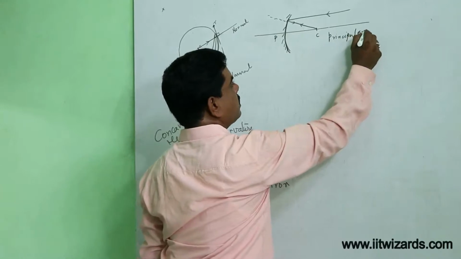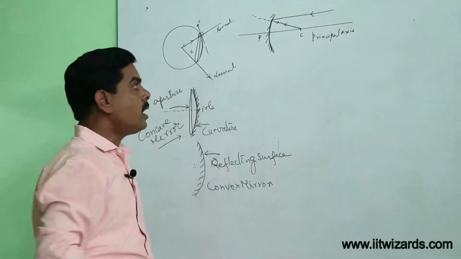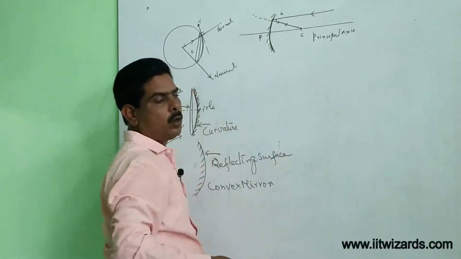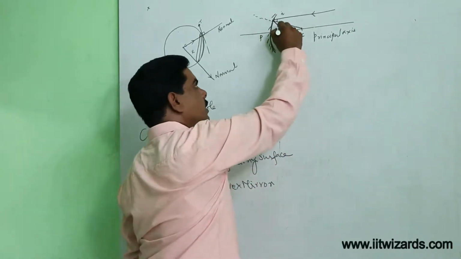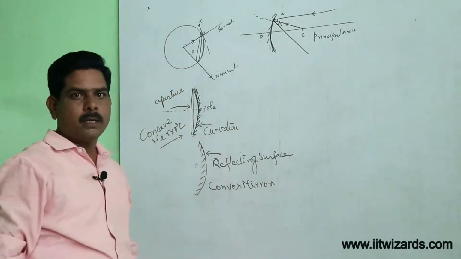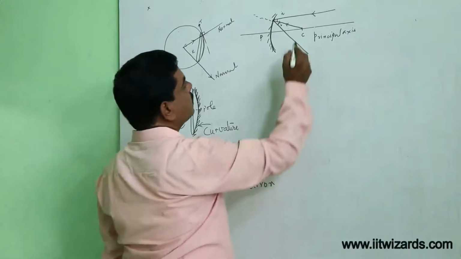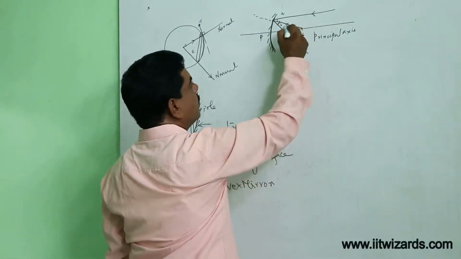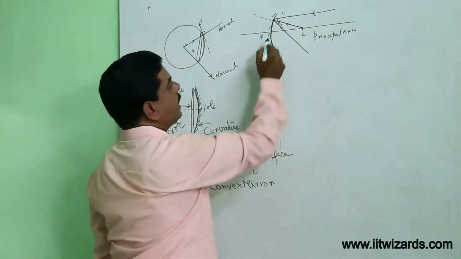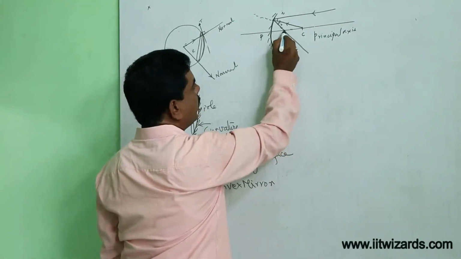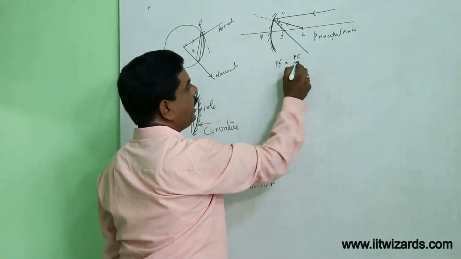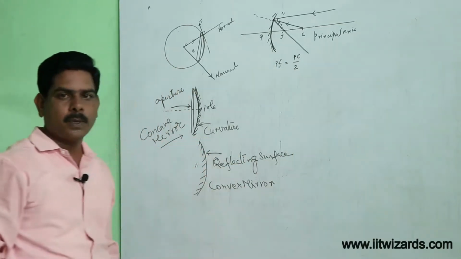This ray of light has an angle of incidence I with the normal, so it gets reflected back at the same angle I. Observe that these two sides would always be equal, and that this point of intersection F is exactly half of PC.